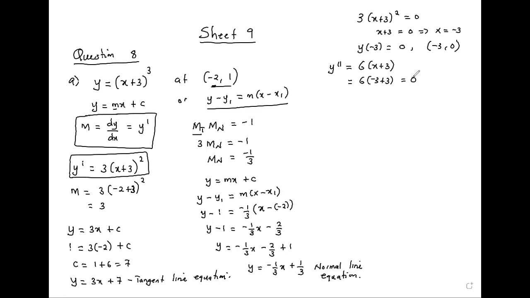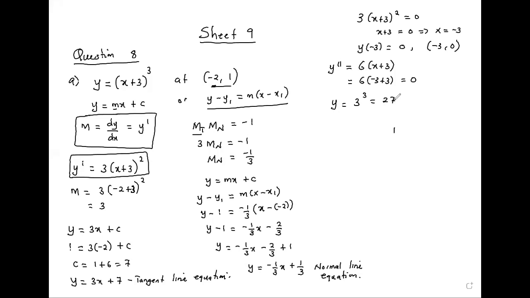So we can sketch this. But before we rush the sketch, we need to find the y-intercept when x is 0. So we'll have 3 to the power 3, which is 27. The x-intercept, equating this to 0, we get x is equal to -3.